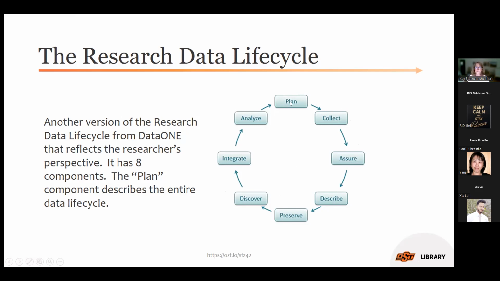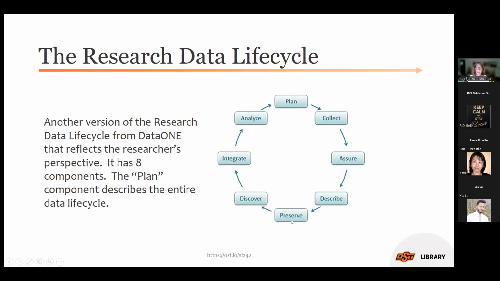So just as a review, the plan can be the step before you even submit your proposal, should be before you even submit your proposal. Collect is where you begin the process of data collection. Assure is a quality assurance process where you check and be sure that data is meaningful. Describe is where you're creating metadata.